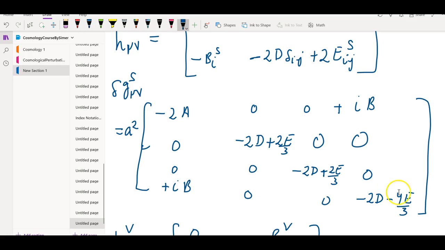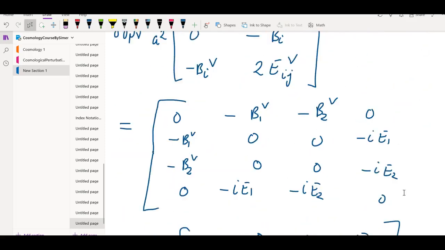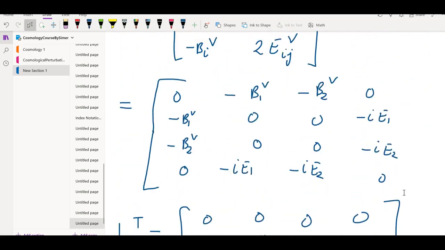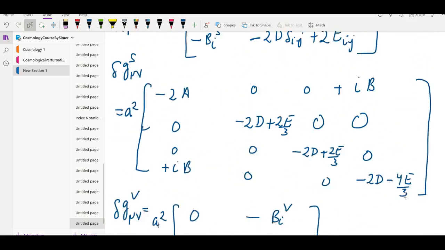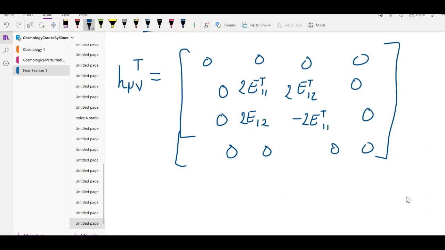And delta G mu nu vector is equal to this. Right. And delta G mu nu tensor is equal to this.